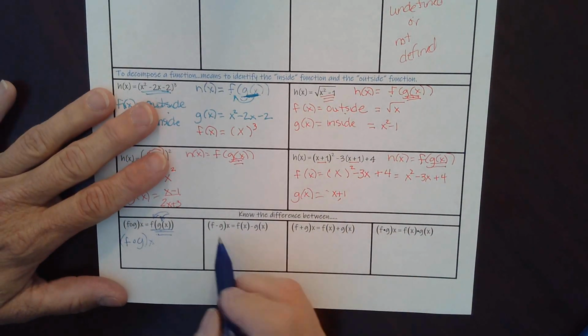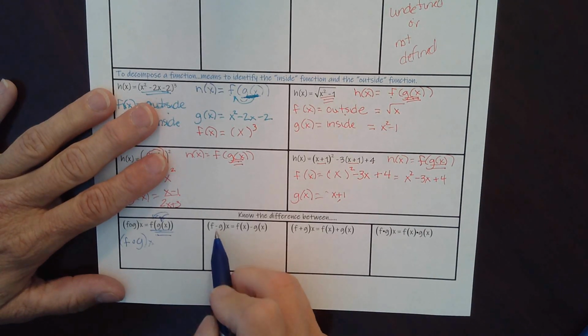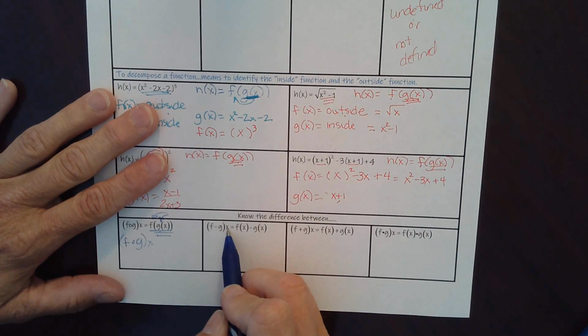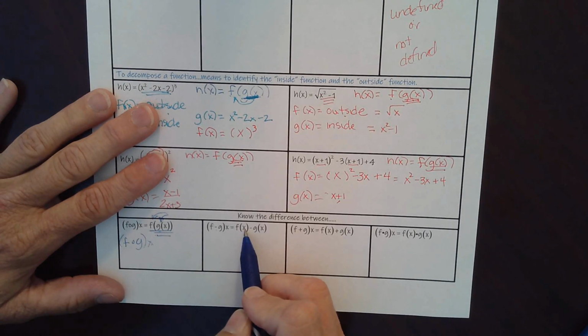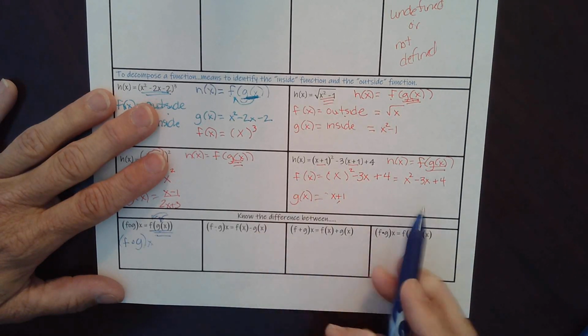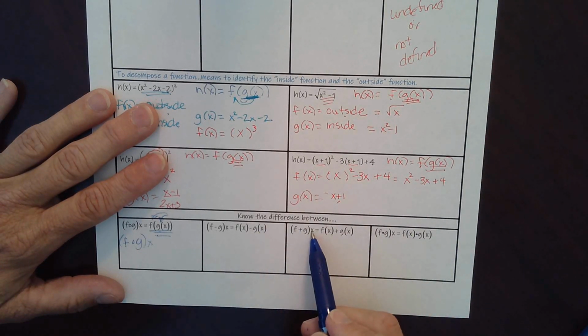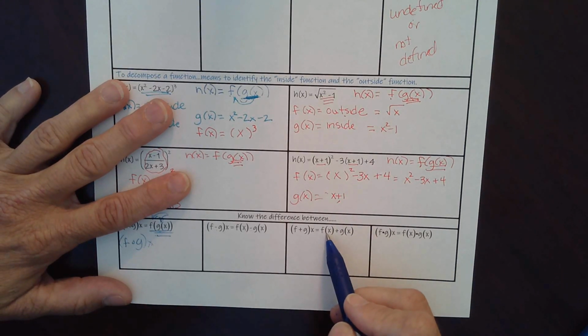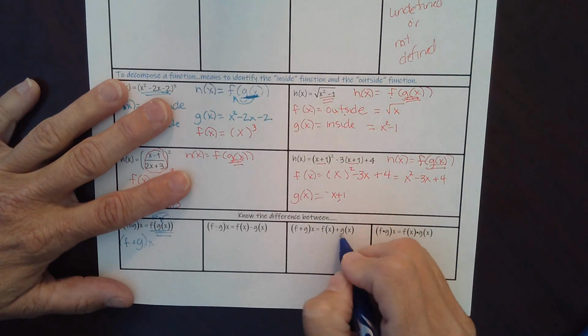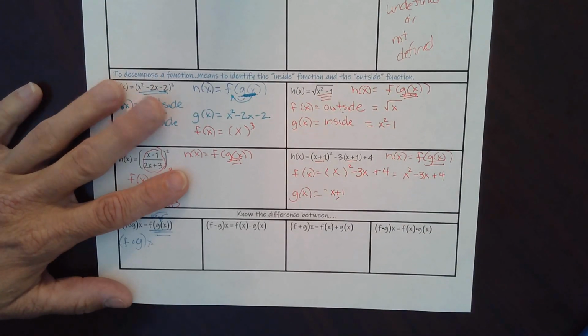I want you to recognize that this is subtraction. If you have f minus g of x, that is the same thing as f of x, the function f of x, minus the function g of x. If you have f plus g of x, that is the same thing as the function f of x plus the function g of x.